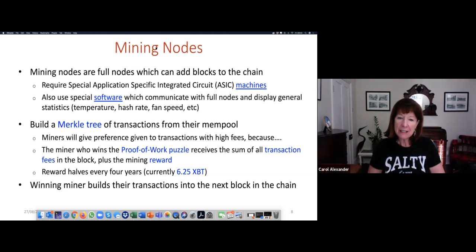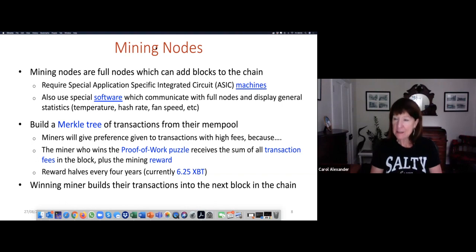So they need to control temperature, the fan speed, the hash rate. So there's all sorts of software you need to control that. Now, they build a block by forming something called a Merkle tree, M-E-R-K-L-E, not E-L as in the German Chancellor.